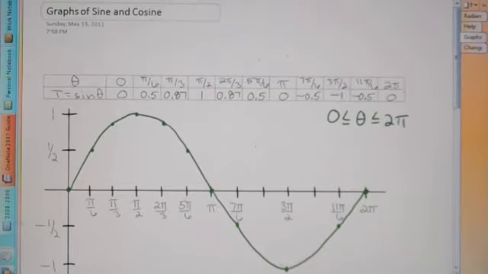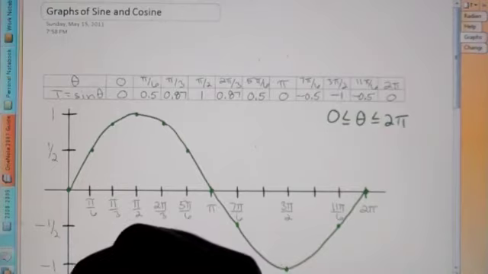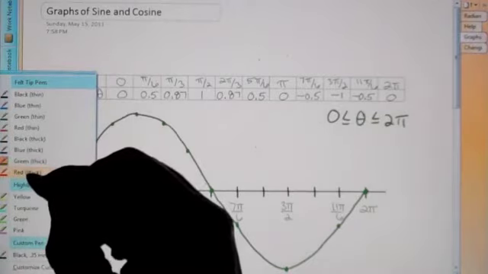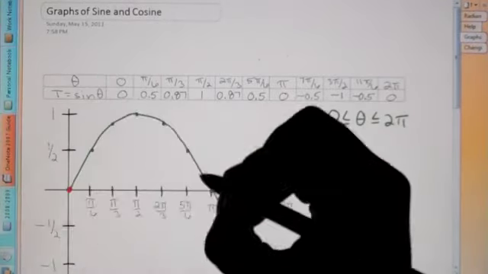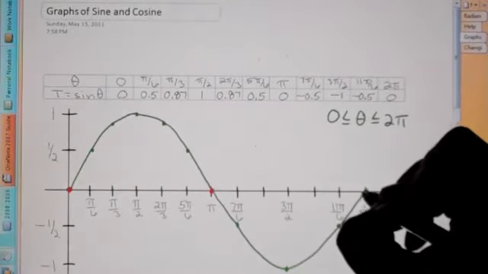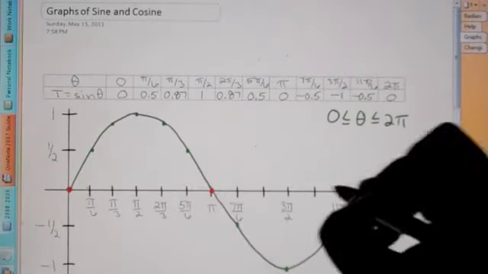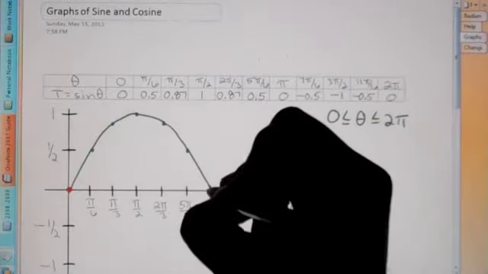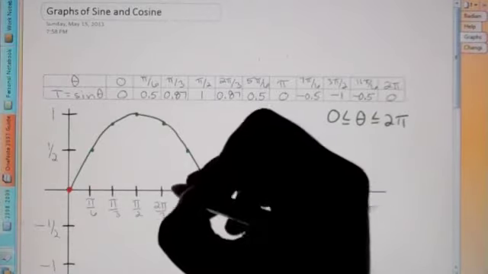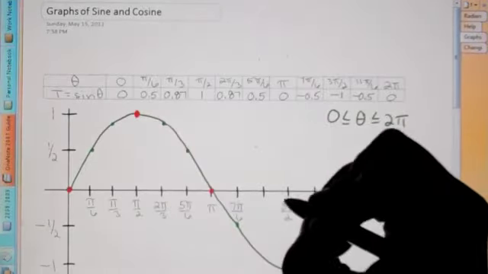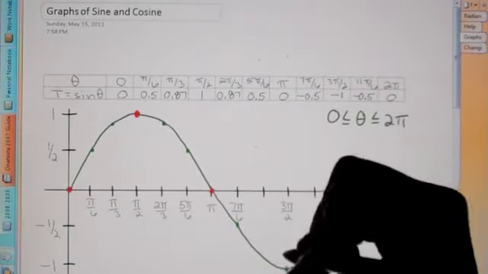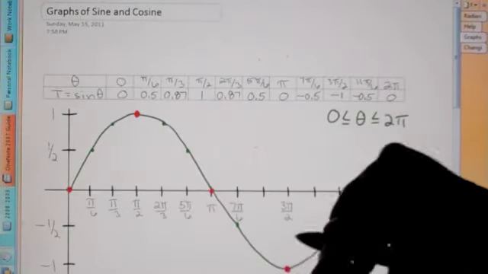The big ones I really want you guys to memorize. It's going to be good to know all of these, but the ones that you really need to memorize is 0 all the way. So a full cycle, halfway is at 0. A quarter of the cycle is up at 1. So pi over 2, it's up at 1. And then 3/4 of the way, it's at 3 pi over 2.